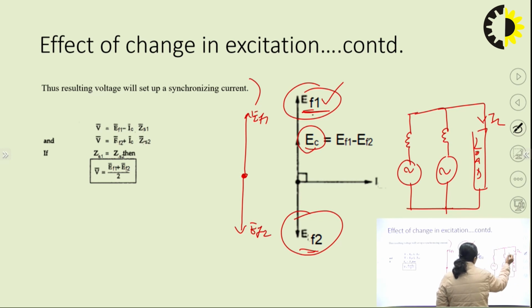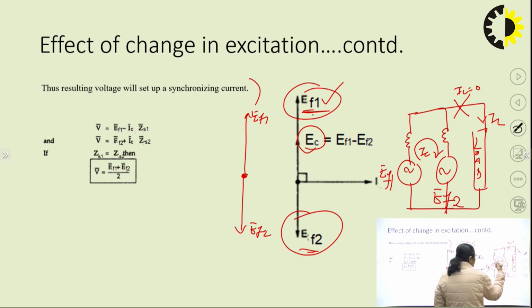We are considering the no load condition, so right now the load is not connected in the circuit. The load current is 0 under this condition. The only current flowing in the circuit is going to be the circulating current. This is the excitation EMF EF1, this is the excitation EMF EF2, and this is the circulating current flowing in the local circuit formed by the armature circuit of two alternators.